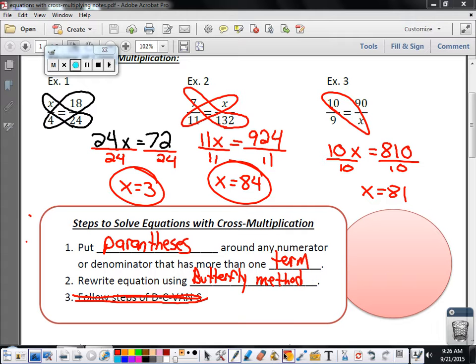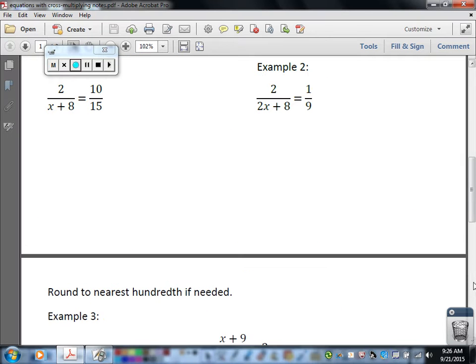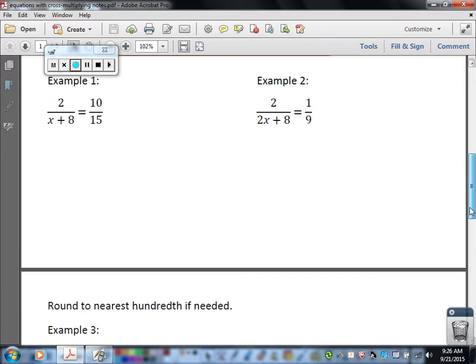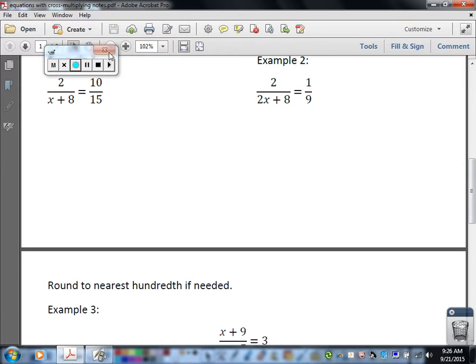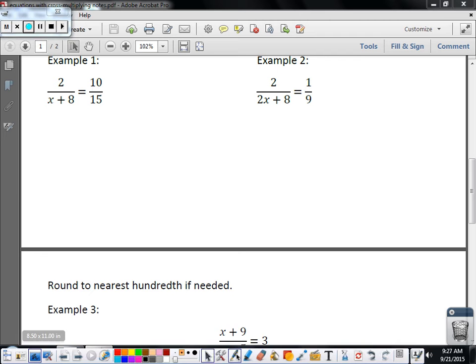All right, so let's do some examples. Example 1. All right, so do I have any numerator or denominator in example 1 that has more than one term in it?